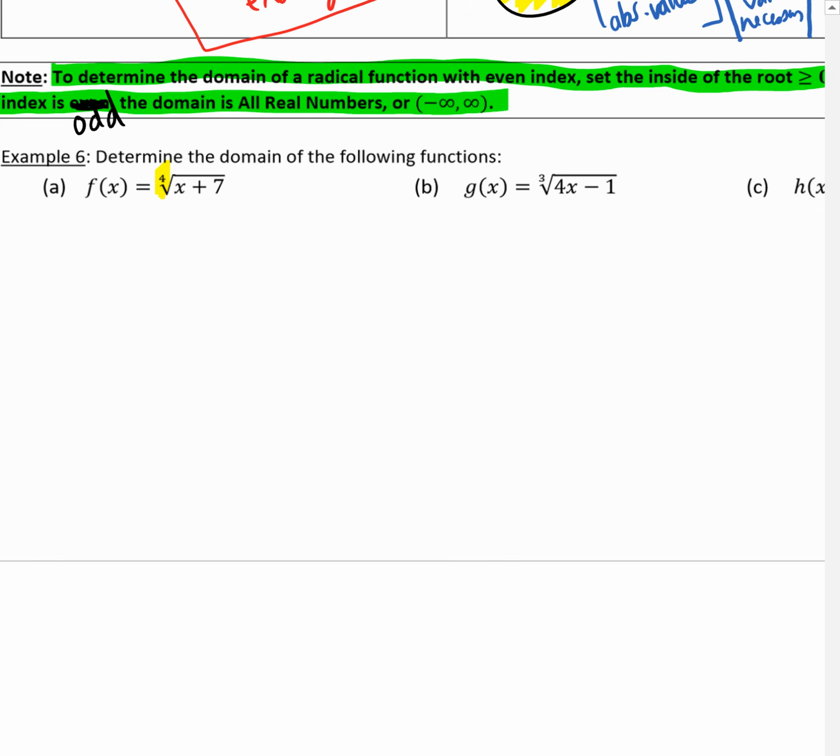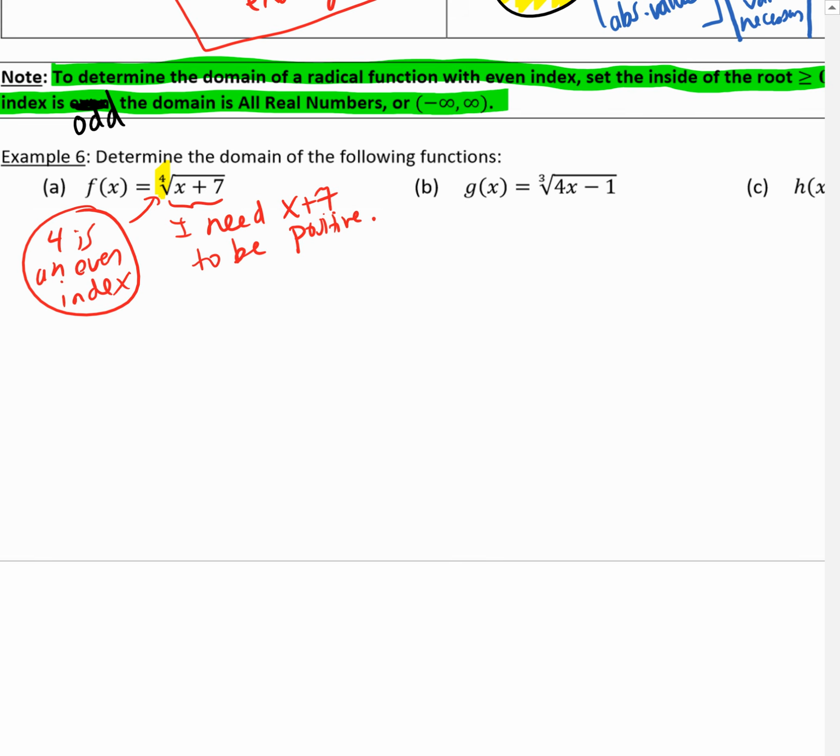I need x plus 7 to be positive, because if it's negative, it's going to be an imaginary number, and I don't want to see that. So if you have an even index, like this, 4 is an even index, to determine the domain, you take what's inside the root, x plus 7, and you set it greater than or equal to 0.